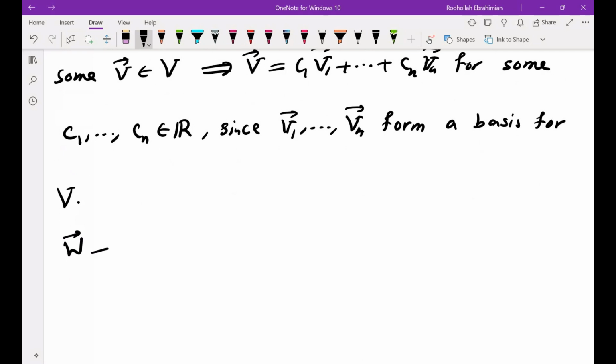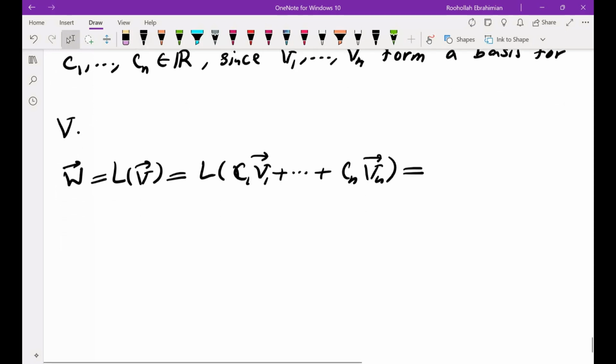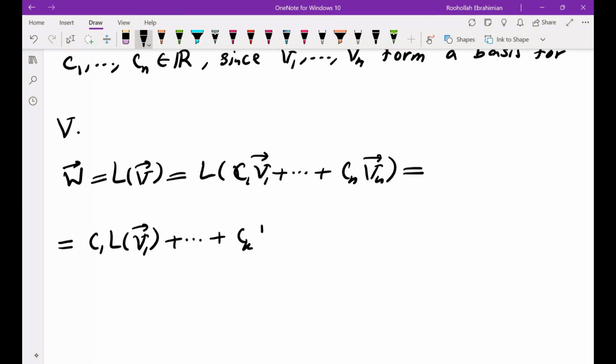Now let's evaluate w. So w is L of v, which is L of c_1 v_1 all the way to c_n v_n. The first portion, if you use linearity, you'll see that it's going to be 0 because L of v_1 all the way to L of v_k, they're all 0 because v_1 through v_k are in the kernel.